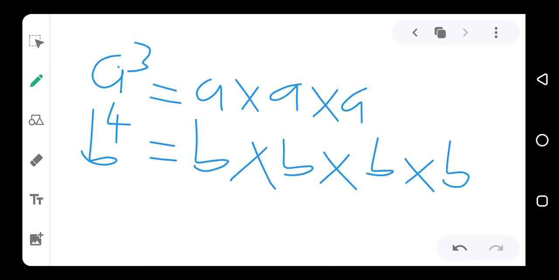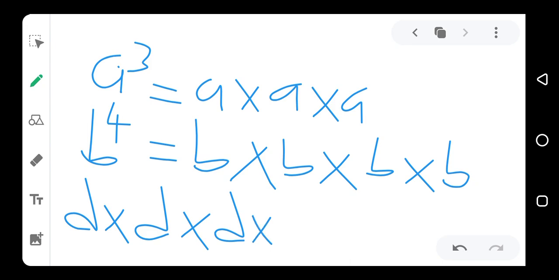You may also be given this in the expanded form and then asked to get it in the index form. For instance, if you have d raised to power 5, that is in index form. If you have d times d times d times d times d, this is an expanded form.